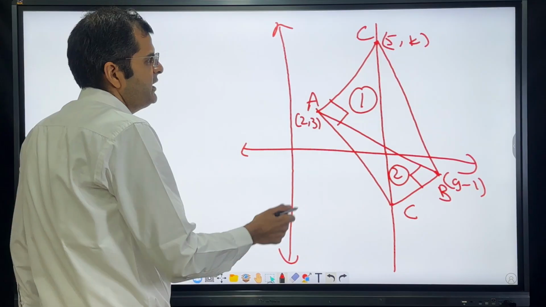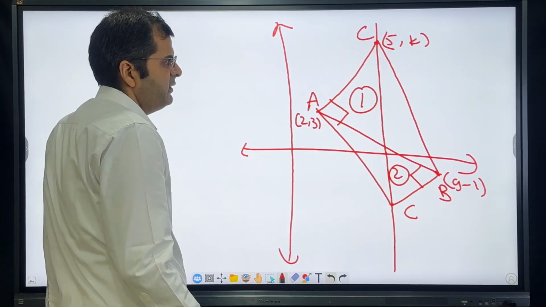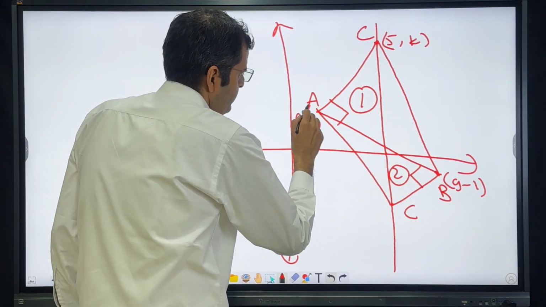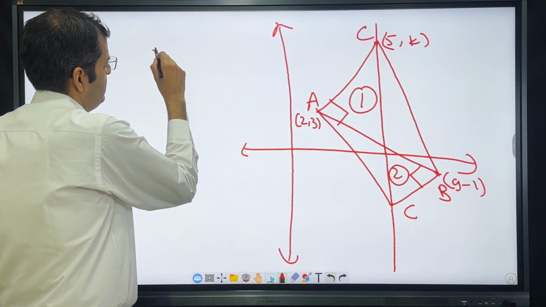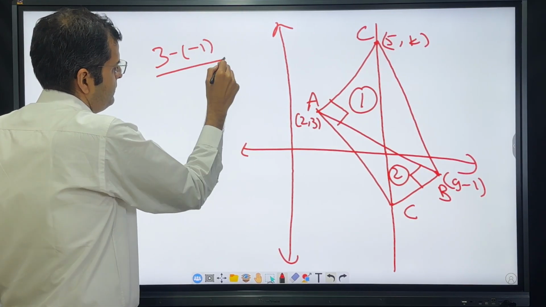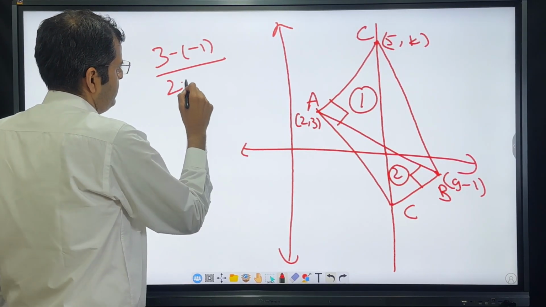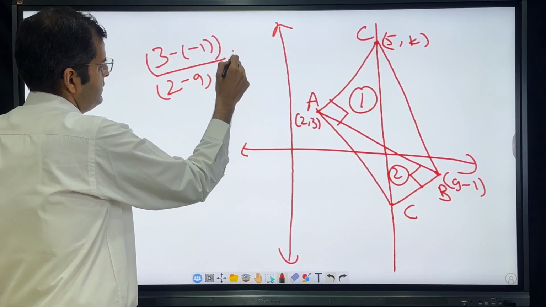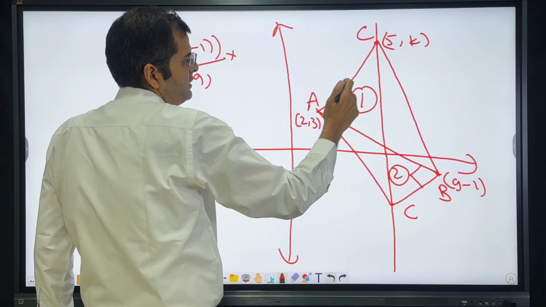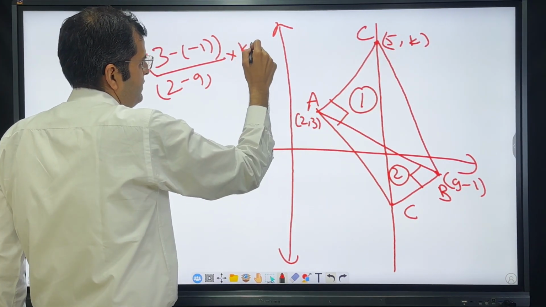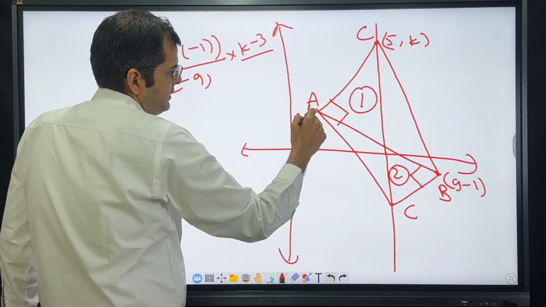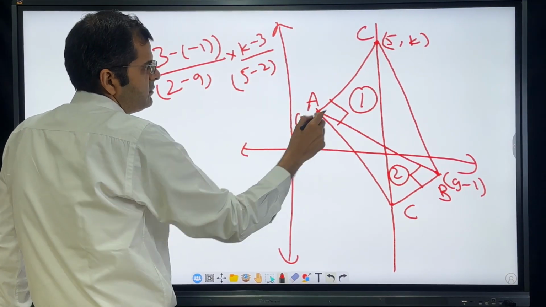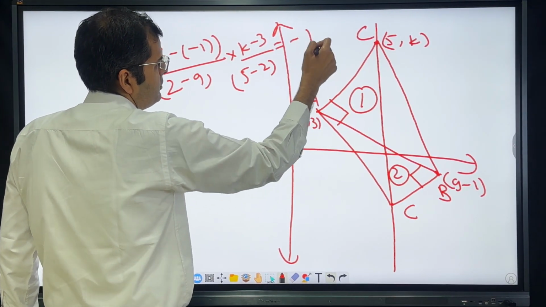So again, we'll apply the same logic: product of slopes of lines which are perpendicular should be -1. So first of all, what is the slope of AB? That will be (3 minus -1) divided by (2 minus 9). This multiplied by slope of AC. Slope of AC is (k minus 3) divided by (5 minus 2). Product of these slopes should be -1.